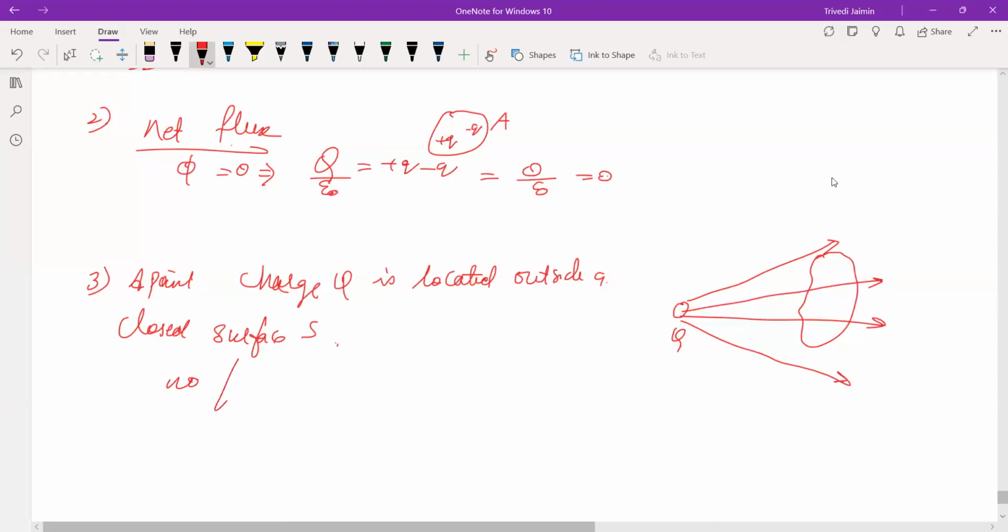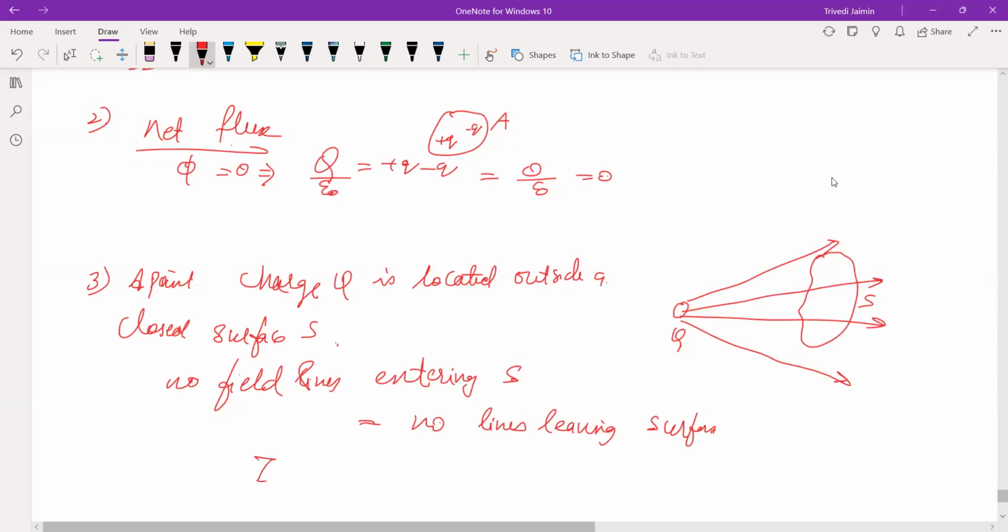So the number of field lines passing or entering S is equal to the number of lines leaving the surface.